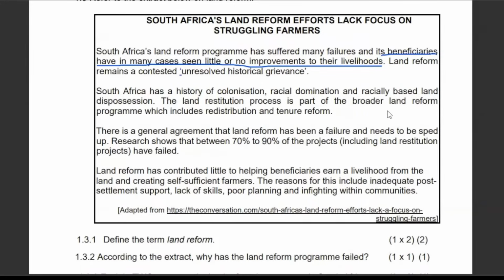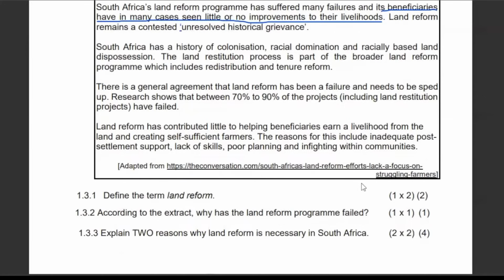South Africa has a history of colonization, racial domination, and racially based land dispossession. The land restitution process is part of a broader land reform program, which includes redistribution and tenure reform. There is a general agreement that land reform has been a failure and needs to be sped up. Research shows that between 70 to 90% of the projects, including land restitution, have failed.